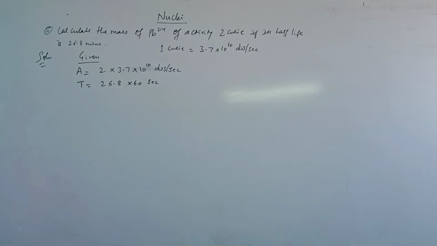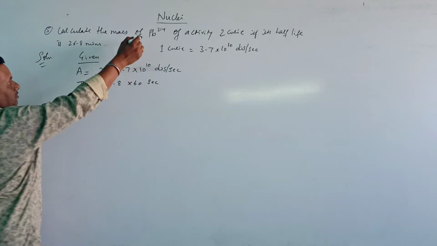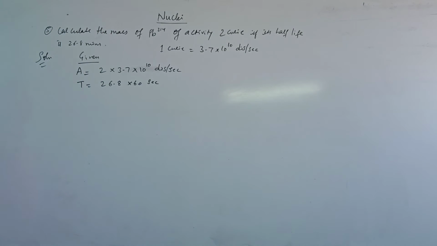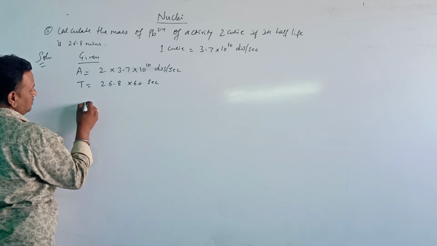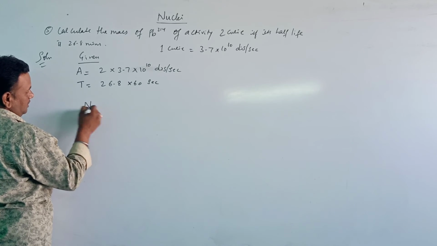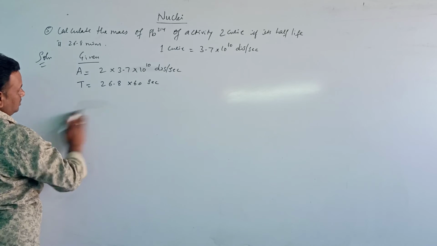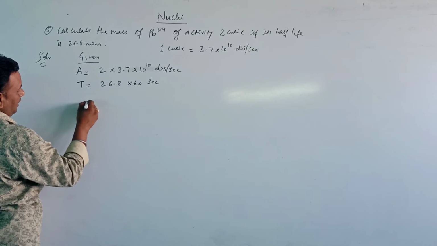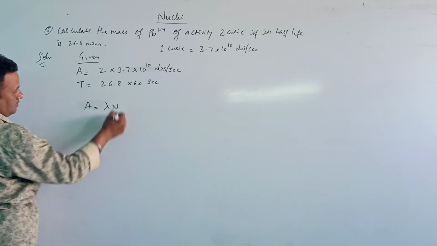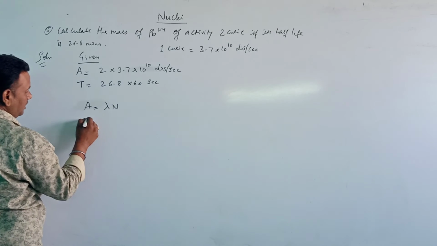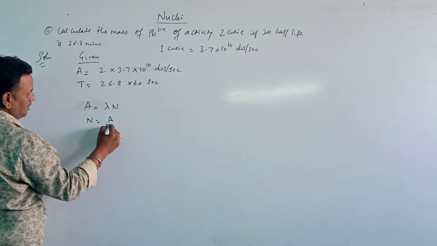Now we have to find out the mass of lead 214. Okay, so it is the mass number. So we have to find out the mass here. Before that, we will first find the n value. As A is equal to lambda n, we know this A is equal to lambda n, so n is equal to A by lambda.